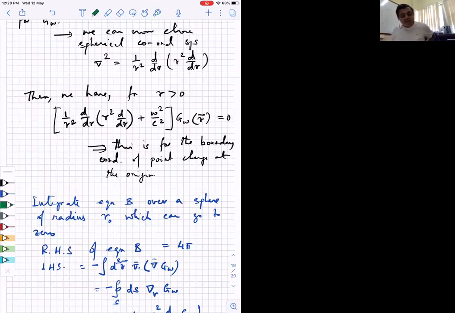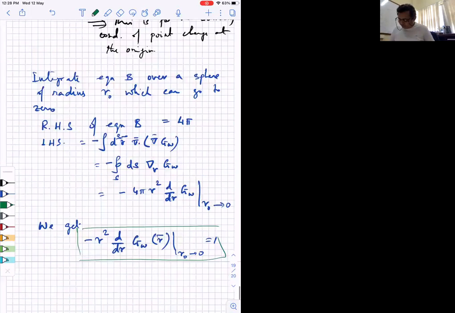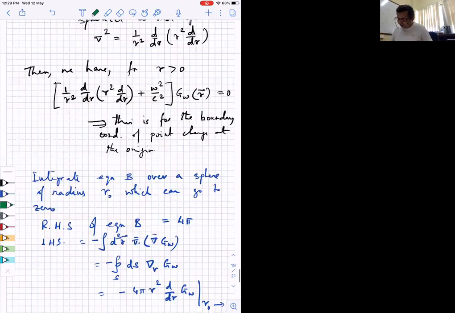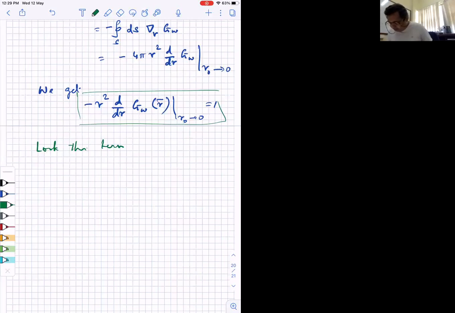This does not contribute. Why doesn't it contribute? Look at this term, omega squared by c squared. We will do the integral and take the limit. It will become 0 in that limit.